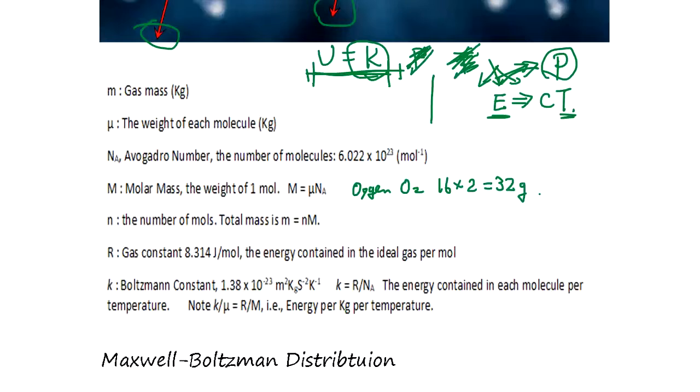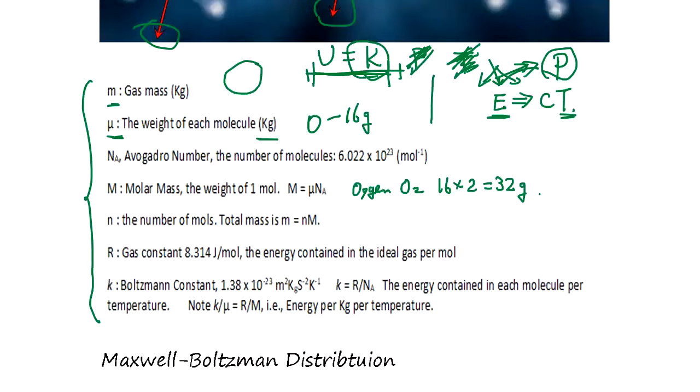Okay, so we have to define some common parameters used in thermodynamics. Gas mass: you have gas contained, and the total weight is m. Then the weight of each molecule, like oxygen, the oxygen atom is 16 grams.